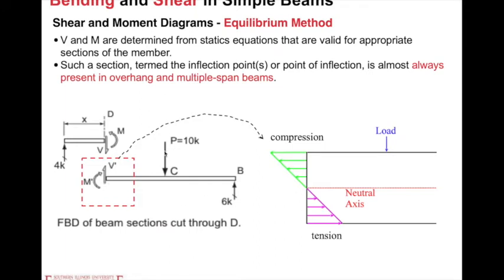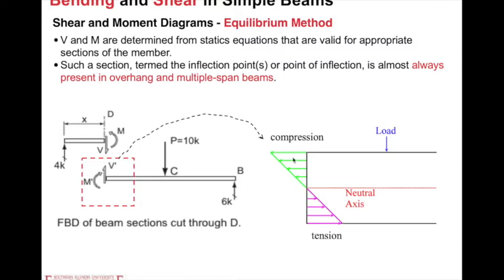Since there is a downward P here and an upward support reaction here, the shape of this beam between A and C will have a positive moment deflection, that is the concave upward shape, which can hold water.